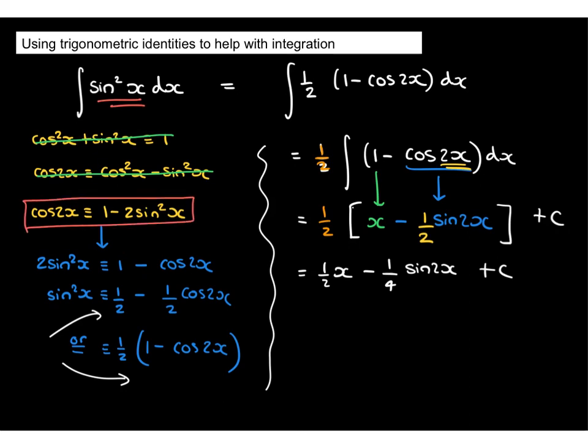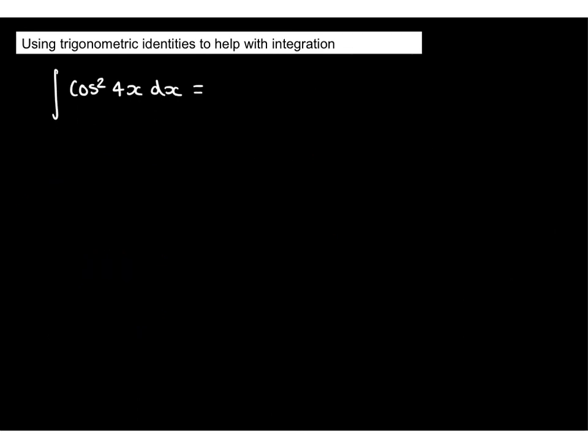So can we do something similar if we have an identity that involves cos squared x? Yes, we can. So there are, again, multiple identities that involve cos squared, but we want to use an identity that does not involve sine squared.